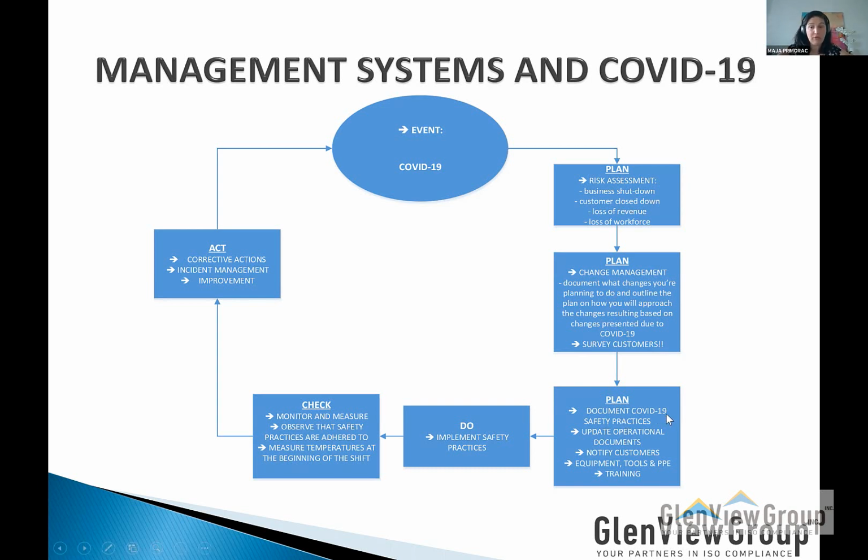Document COVID-19 safety practices, update any operational documents, notify customers, and make sure that you provide necessary equipment, tools, and personal protective equipment, as well as training to your personnel. And then this is where we're implementing these safety practices. And we are then going to be checking or monitoring and measuring the implementation, right?